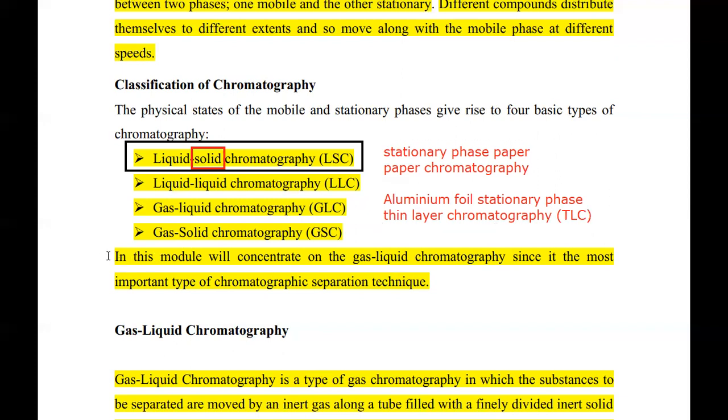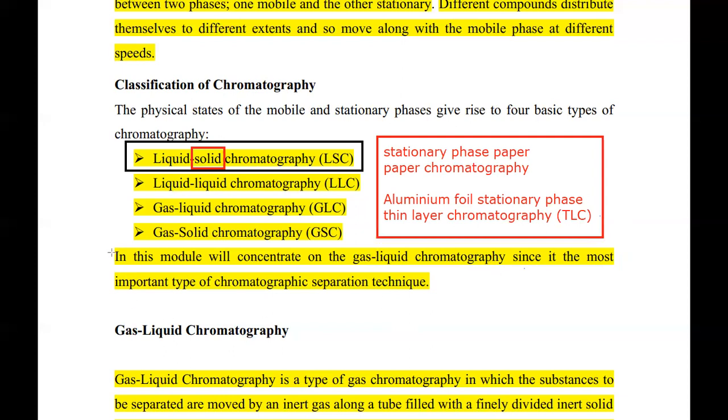But in this module, we'll concentrate on gas liquid chromatography, since it's the most important type of chromatography used as a separation technique. I was just trying to dramatize that part on top because these are some of the things you need to know. I saw there was a question about identifying which one is the stationary phase and which one is the mobile phase. That's why I took much of my time to labor on this part.